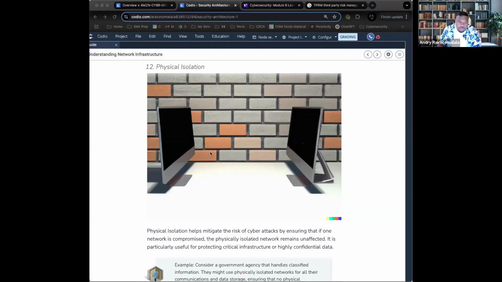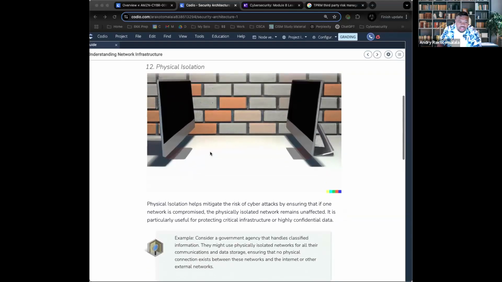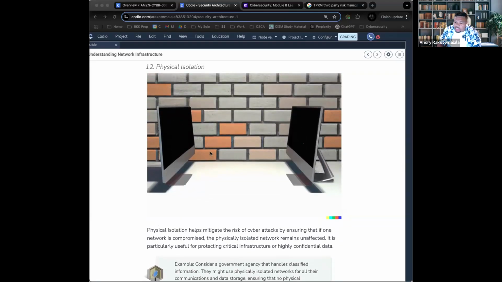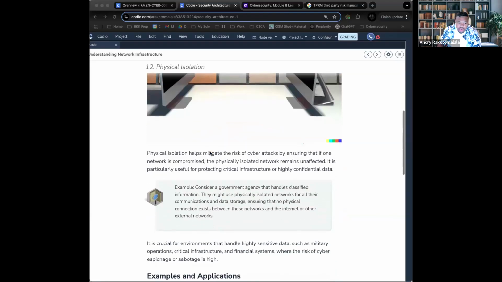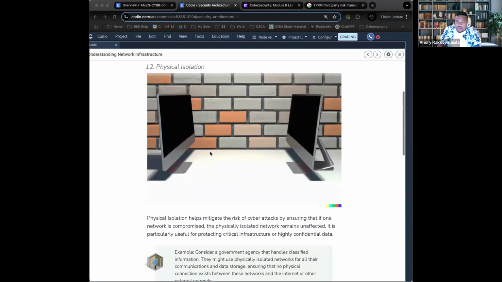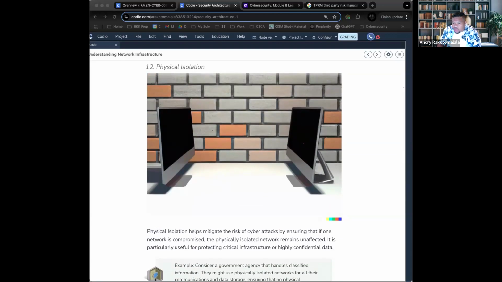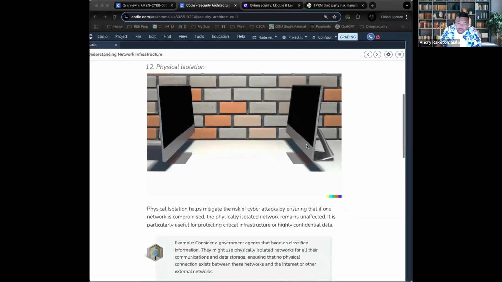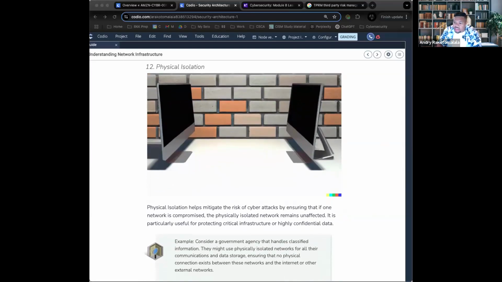Now, when you do physical isolation, you're essentially taking a protective measure against yourself, right? That being said, there are some things you need to keep in mind. Because you're not connecting them with wires or anything else, you have to remember that it is going to be expensive to maintain. You remember how we talked about code that you can deploy to automatically update devices?